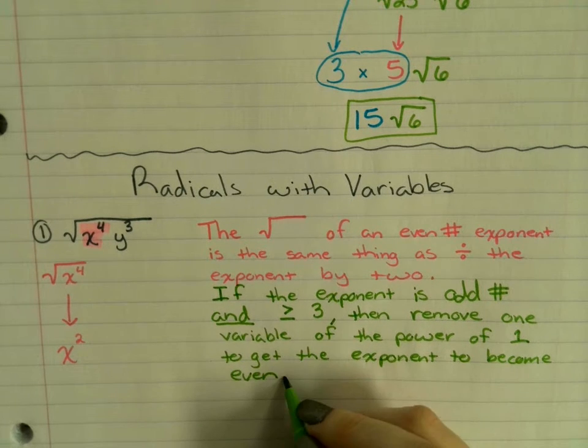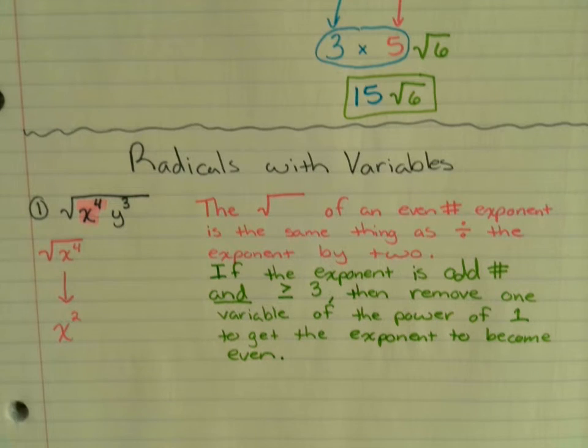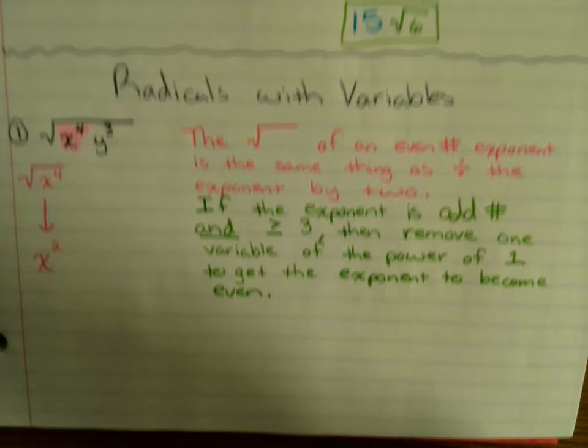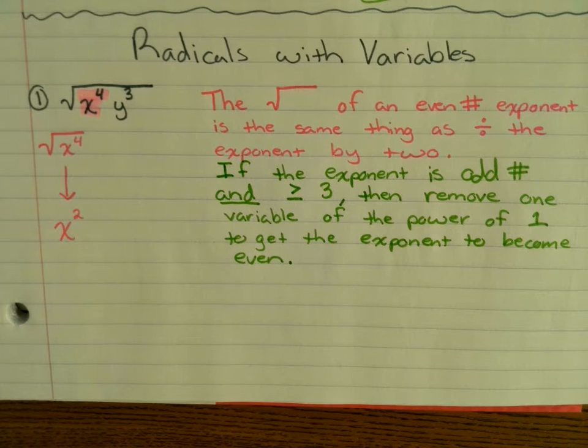Okay, so all you're going to do in that case, if you have an odd exponent, is take one of the variables away and put it to the side. So you're going to take a y to the first away from y to the third. That will then make it an even exponent, and you can simplify the even exponent.